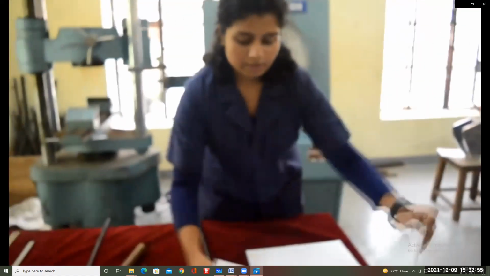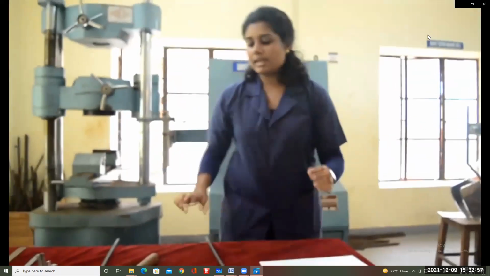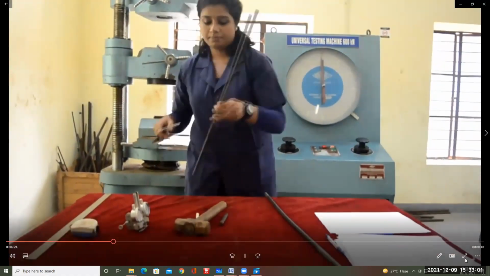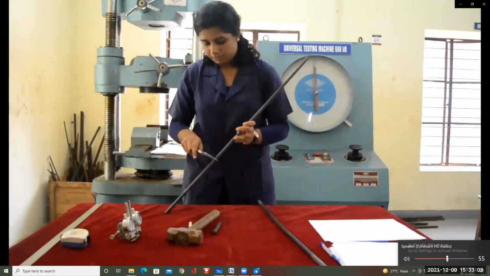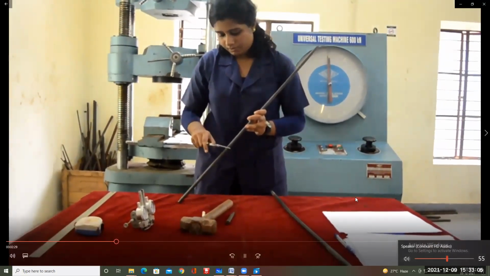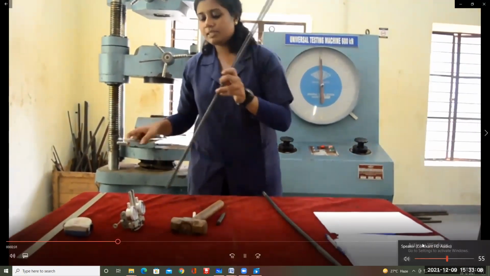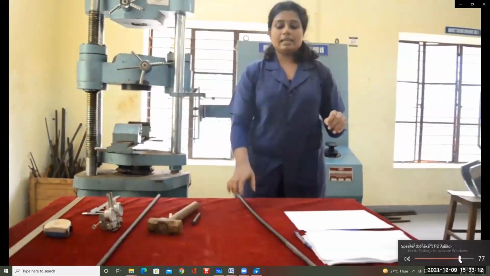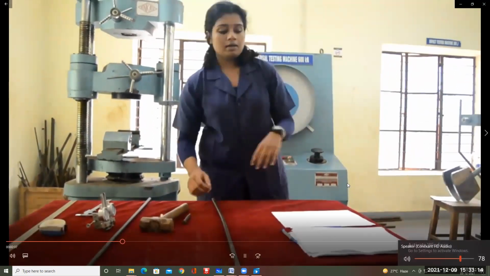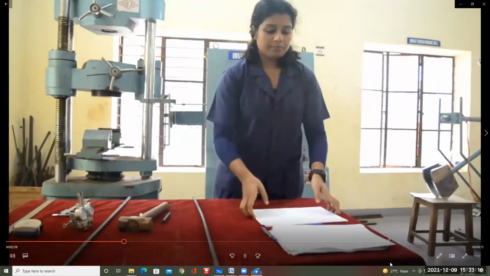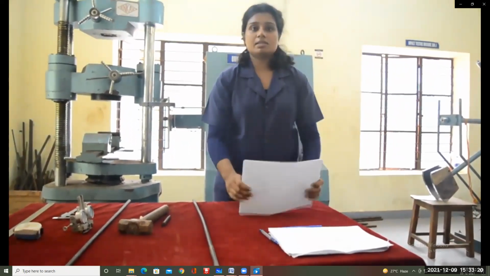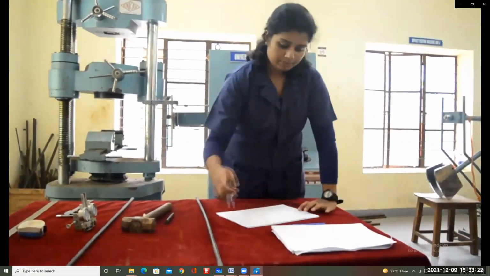Now to start with, we first measure the diameter of the mild steel using the vernier calipers. So the diameter is 12 mm. From that we get the area using the formula pi by 4 d square, and we assume an approximate ultimate stress of 600 megapascal.